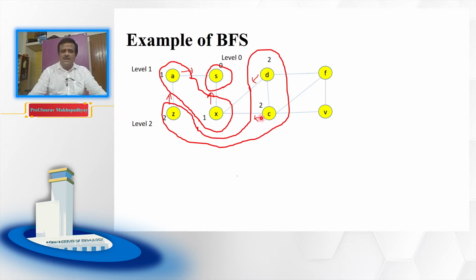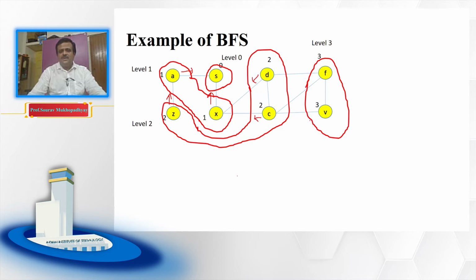Now for this vertex, these two, we can label as 3, and this is already done. So these are the level 3 vertices. Okay, done, and we add the parent pointer over here.